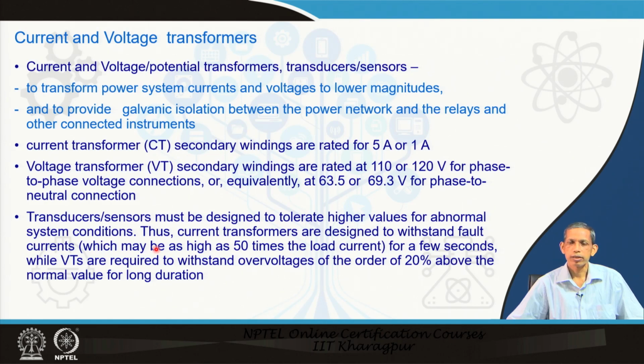Any magnetic circuit, if it goes into saturation, then in the transformer the corresponding current ratio or the corresponding terminal voltage becomes a different one.